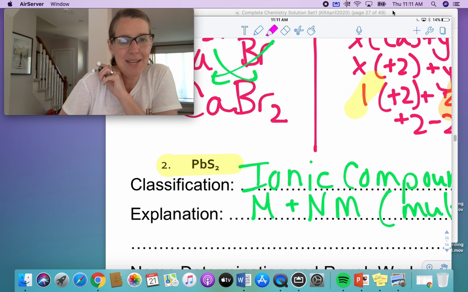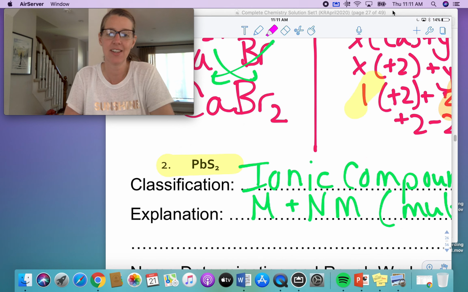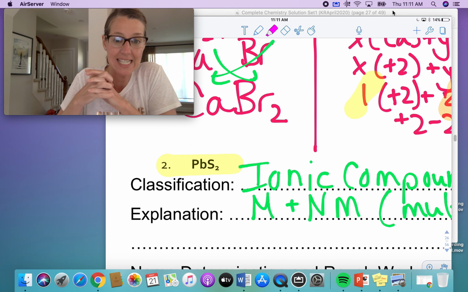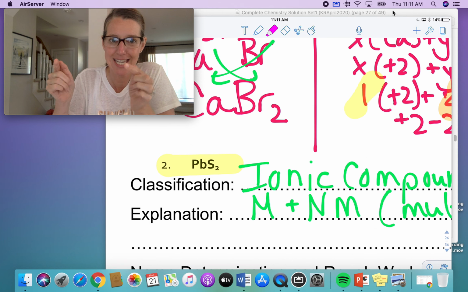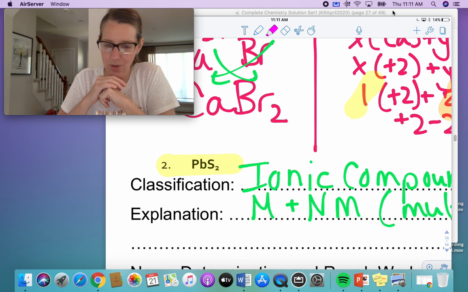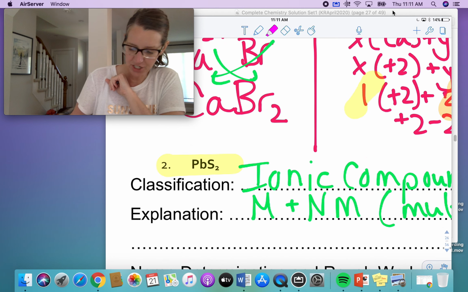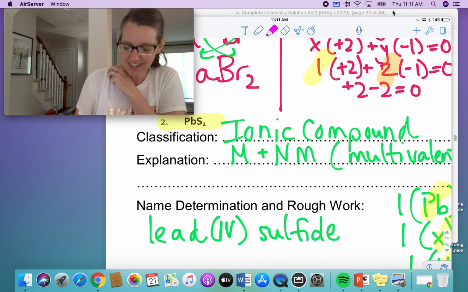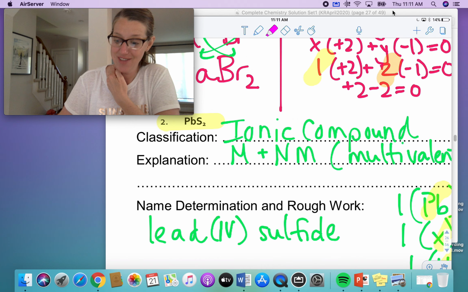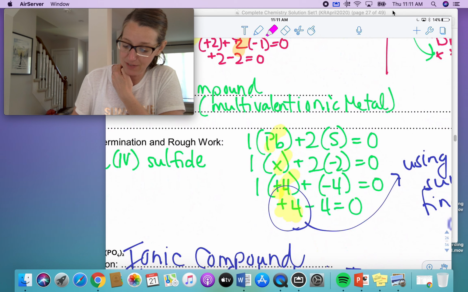Next one, PbS2. I recognize this as an ionic compound. Again, it's lead. So my lead, how do I know which charge it is? I need to be able to tell it in the name which actual lead it is. And you can use your periodic table. Is it lead 2 or lead 4? Can you do that in your head? Do I know it's lead 4? How do I do that? Use your zero-sum rule if you need to.